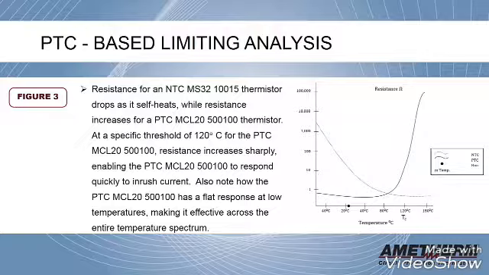At a specific threshold of 120 degrees Celsius for the PTC MCL20500100, resistance increases sharply, enabling the PTC MCL20500100 to respond quickly to inrush current. Also note how the PTC MCL20500100 has a flat rate response at low temperatures, making it effective across the entire temperature spectrum.